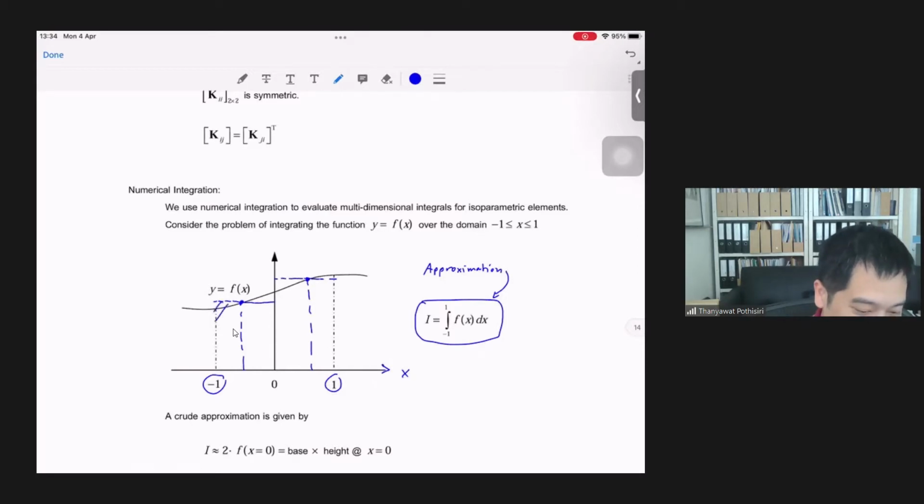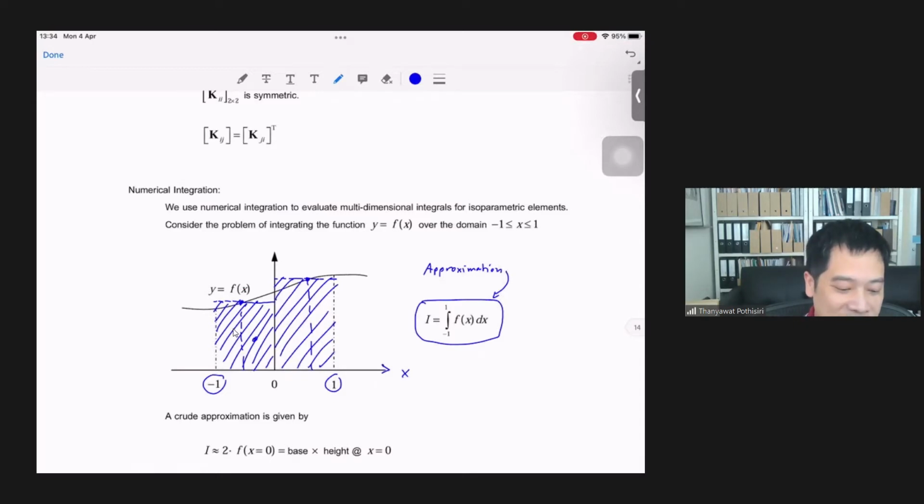So I would get this area right here, okay, and this area right here. So if I sum these 2 areas up, right, so I also get the approximation of my integral as well. So this is the basic idea behind numerical integration.